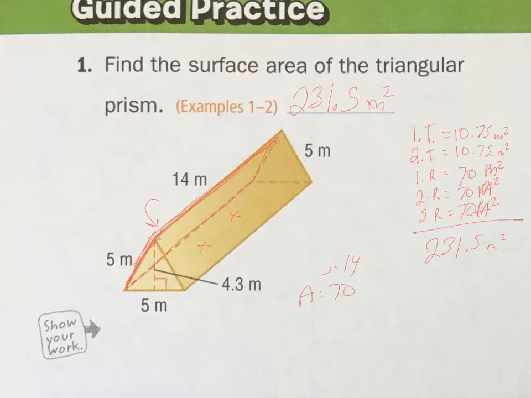And that is my surface area. I made sure that I had all the triangles, the 2 triangles, and I had the 3 rectangles, added them all together, and I got 231.5 meters squared.